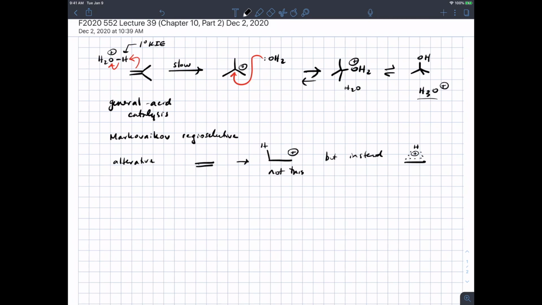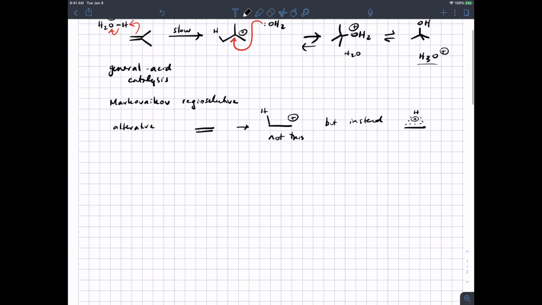And you might imagine that such a thing was occurring here instead of a discrete carbocationic intermediate. Here's the proton we added. But there's evidence against that, and the evidence is as follows.